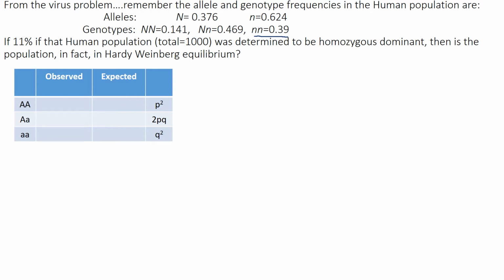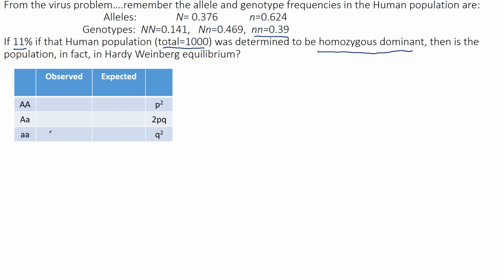But now let's say we've determined that the actual observed data in terms of homozygous dominant, those that are homozygous dominant, is 11% of the population. And let's say we have a population of 1,000, which makes the calculations a lot easier. So this is what's observed.